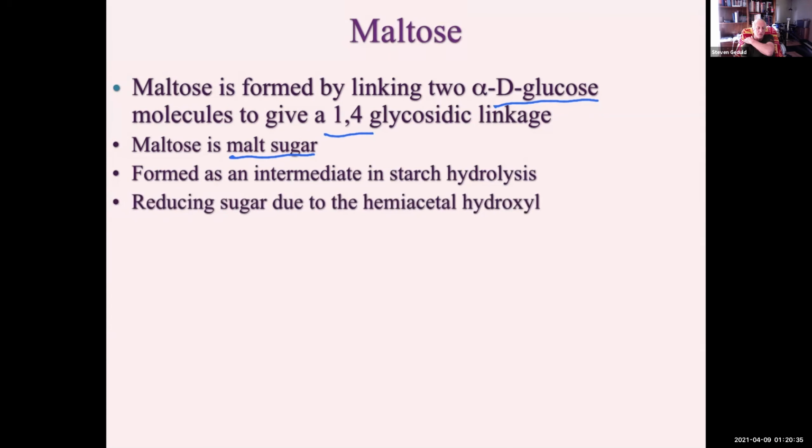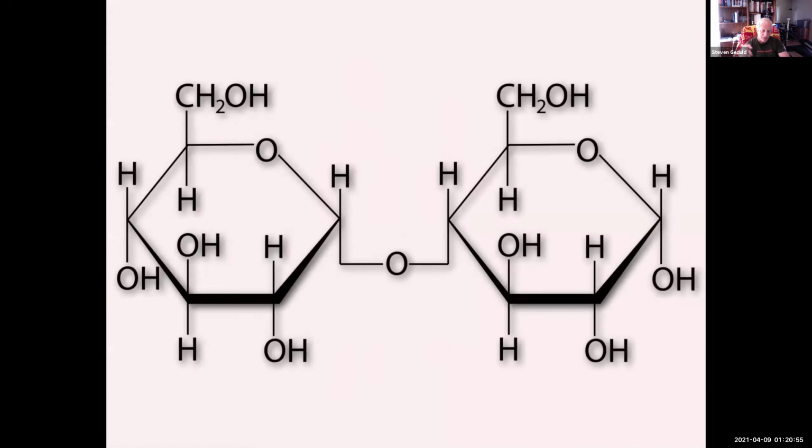Maltose is a reducing sugar due to the hemiacetal hydroxyl group that's on there. That way it can be reduced, it can add hydrogen, because it's a hemiacetal group. So this is your D-glucose. Remember, this is carbon number 1, 2, 3, 4, 5, and this is the oxygen from the chiral carbon with the highest number.